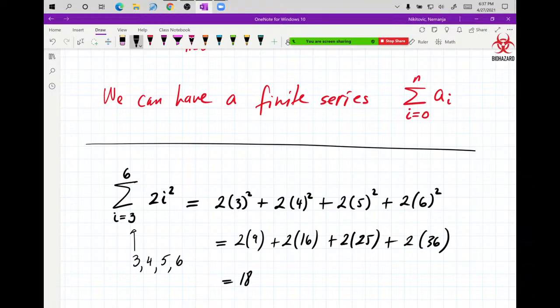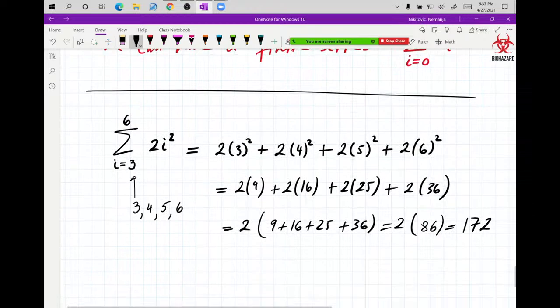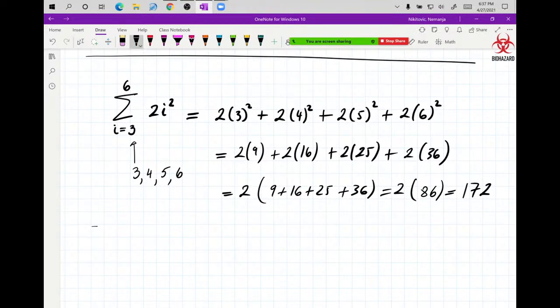Better, less calculations: factor out 2, 9 plus 16 plus 25 plus 36, and then just double it. That's much easier. Plus, look at your numbers. 9 and 16 gives you 25, plus another 25 is 50, so this is 86. So 172. Very, very easy.